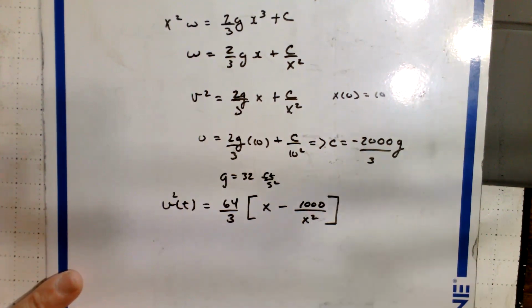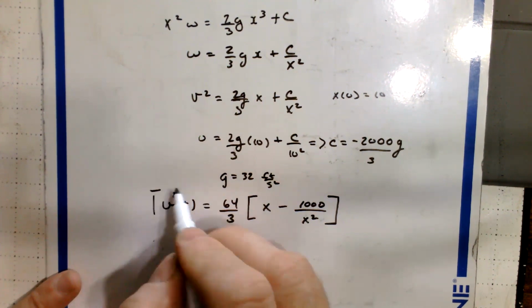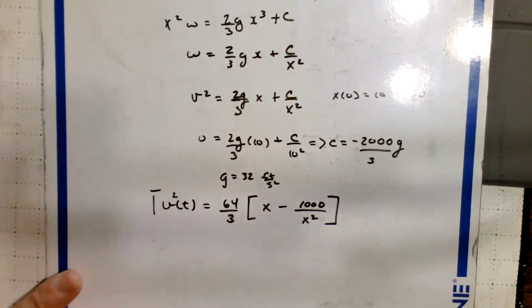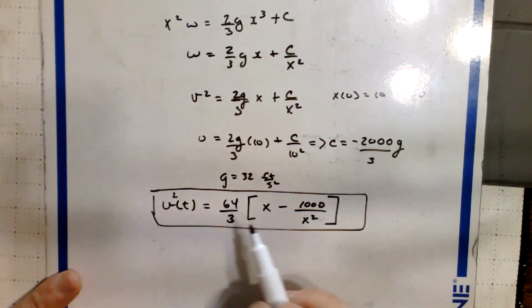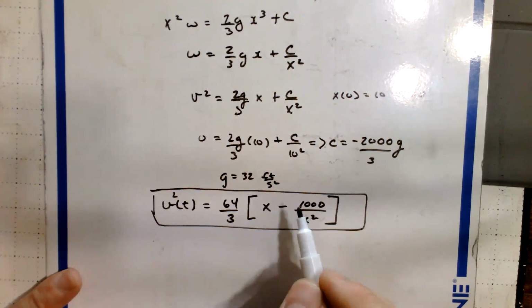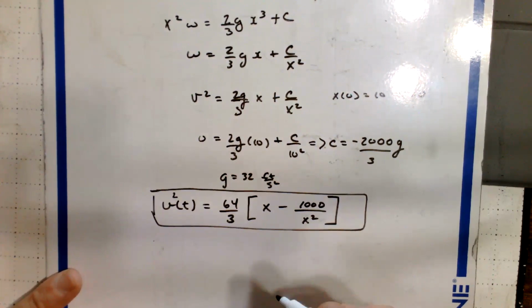Not the exact result you might have expected, but it does seem to make sense overall. So that's the speed of the chain as it falls, the function that determines the velocity at a point x along the chain falling from the windowsill.